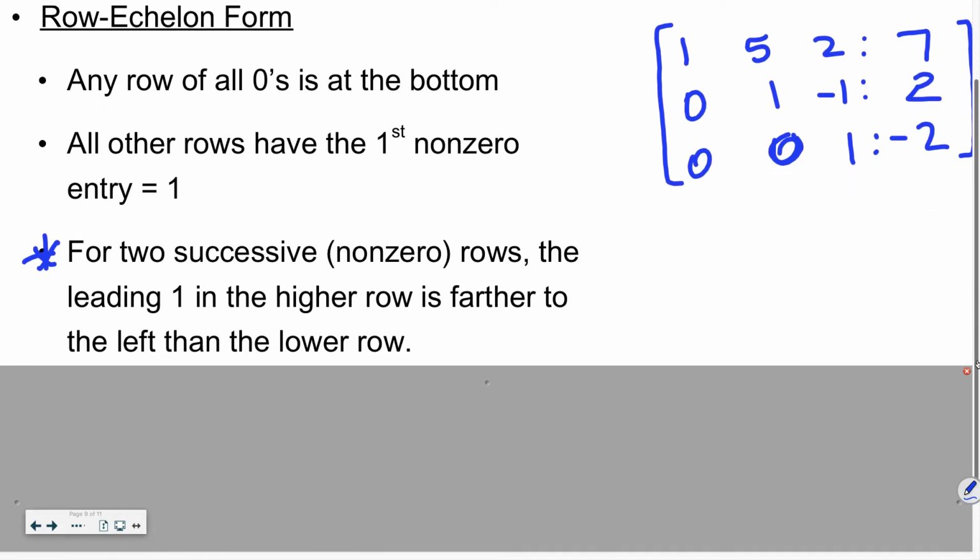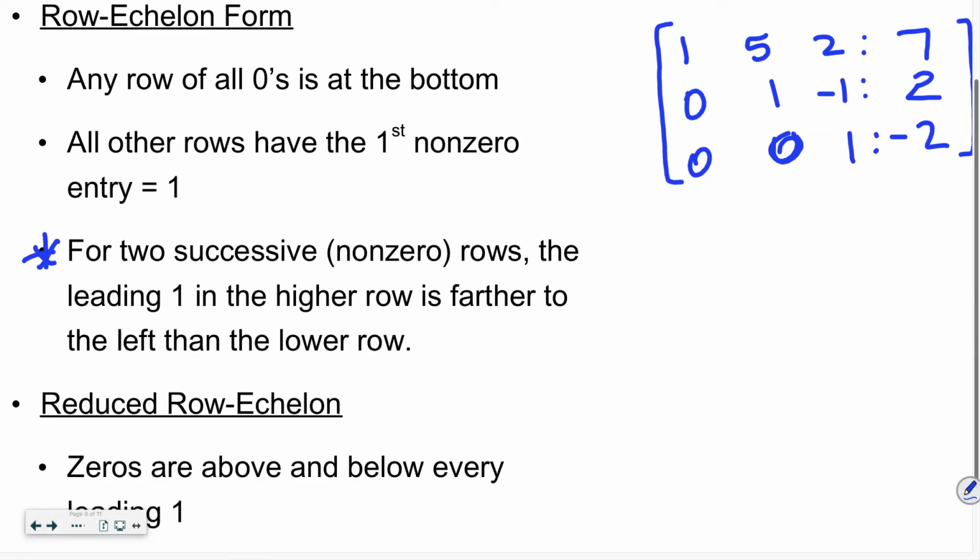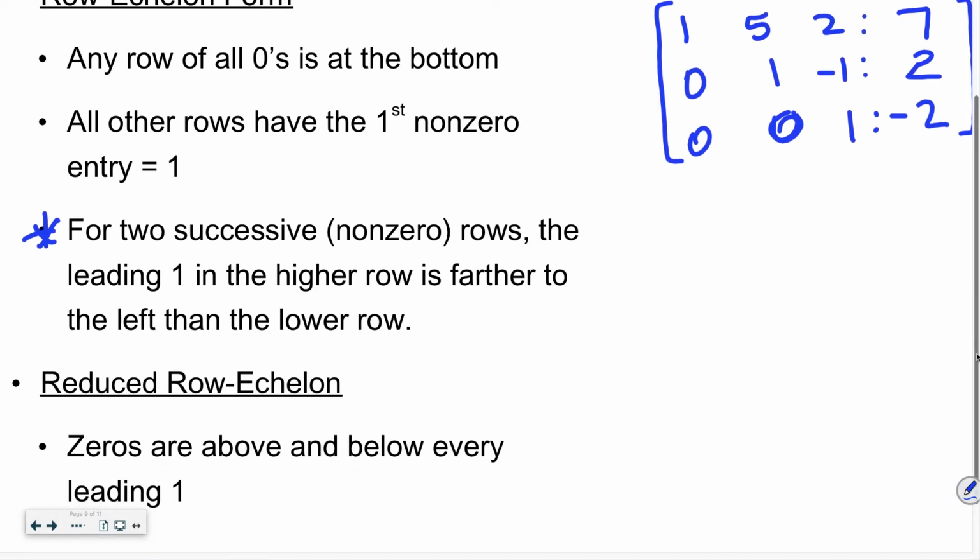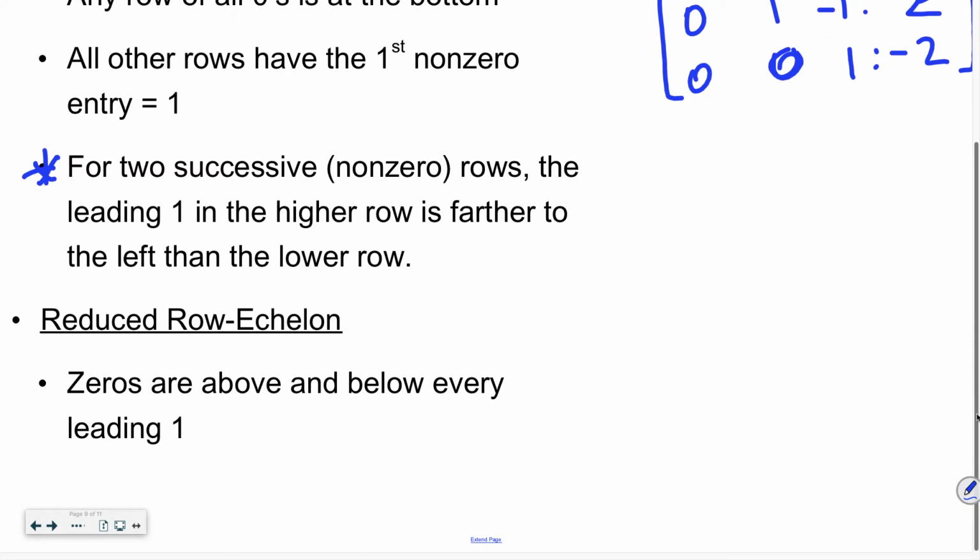Now, tomorrow when we work with our calculators, we're going to talk about reduced row echelon form, where all you see are zeros and 1s and then some other numbers on the very, very right.